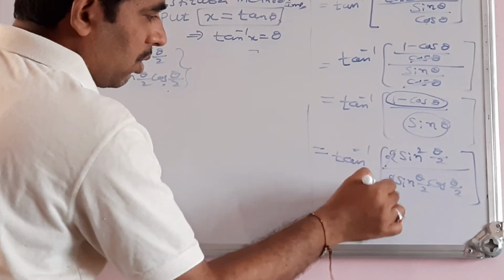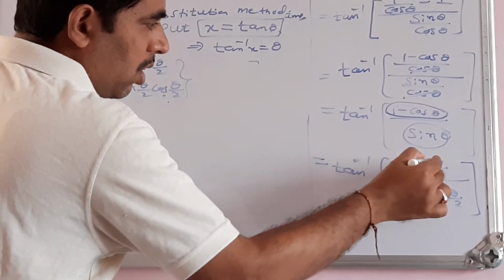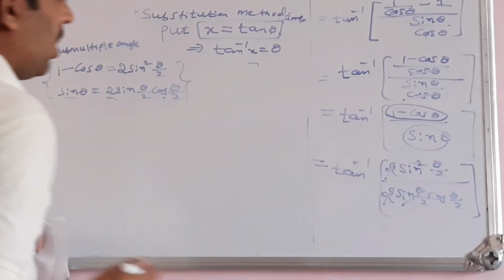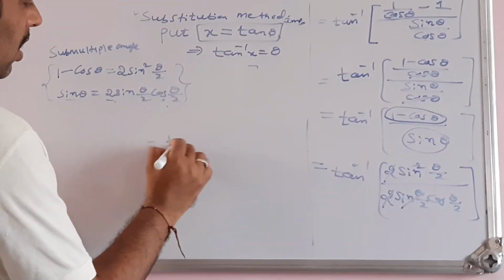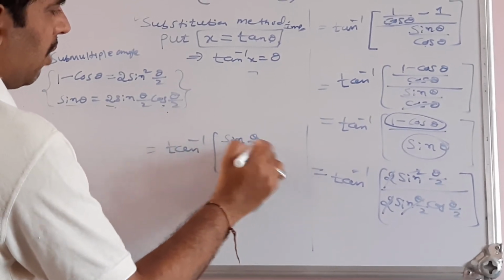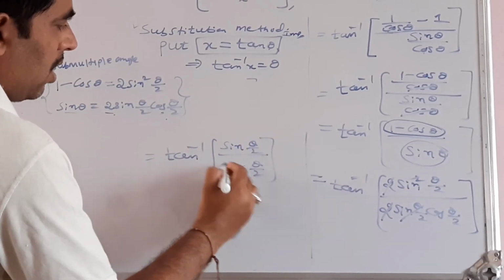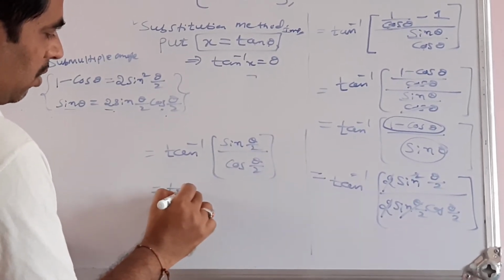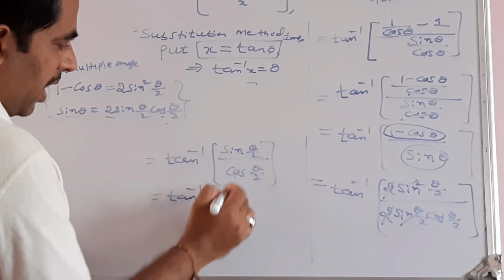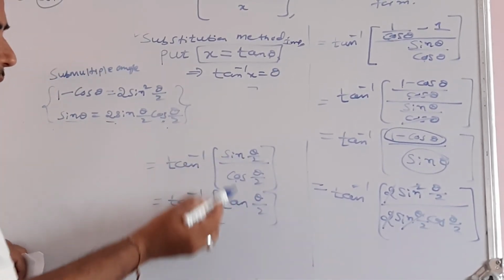So these two cancel, then sin square theta by 2 and sin theta by 2, so one sin theta by 2 will get cancelled. What is remaining here? Tan inverse of sin theta by 2 divided by cos theta by 2. Sin by cos, the ratio, gives me tan theta by 2. Sin divided by cos is tan.